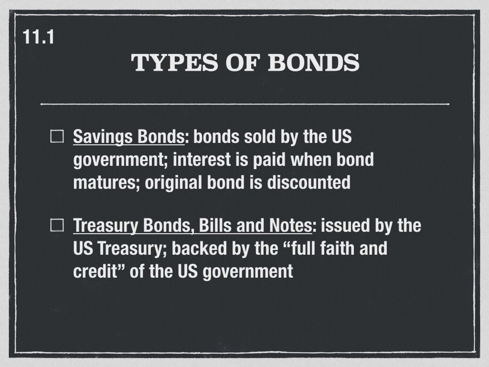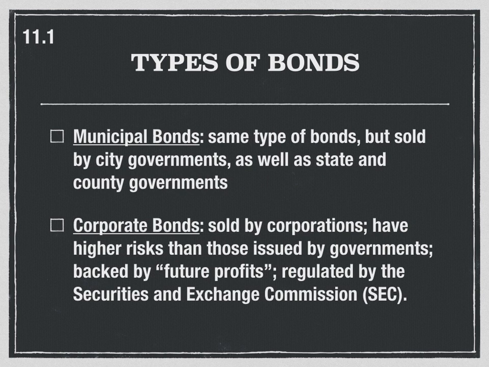Okay, typically you can resell these bonds at any time. Municipal bonds are the same kind of government type bonds, but sold by city governments as well as state and county governments, by school districts. Okay, they sell municipal bonds. The money from these bonds typically go toward public works of some sort, upgrade of streets or things like that.